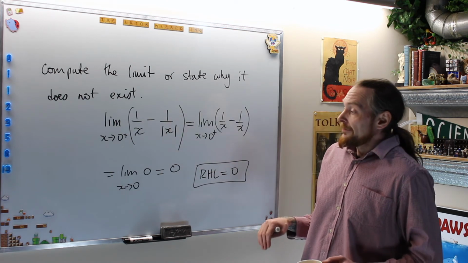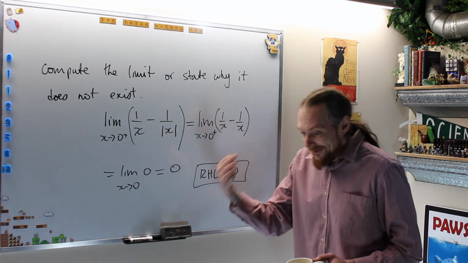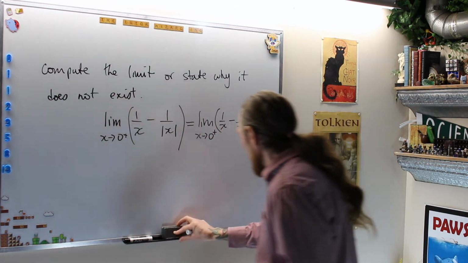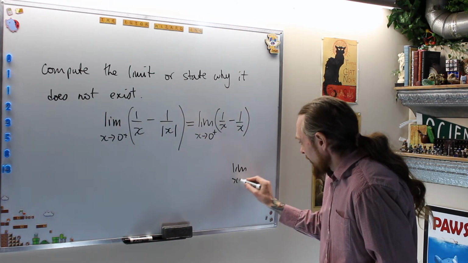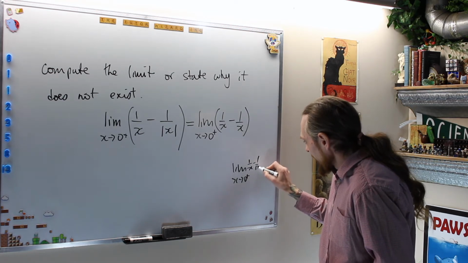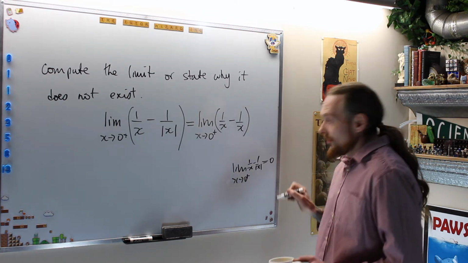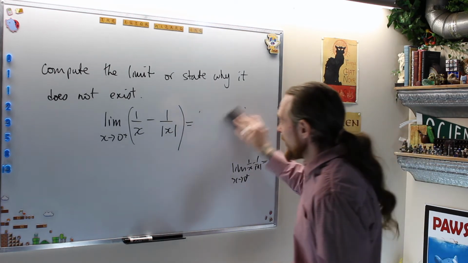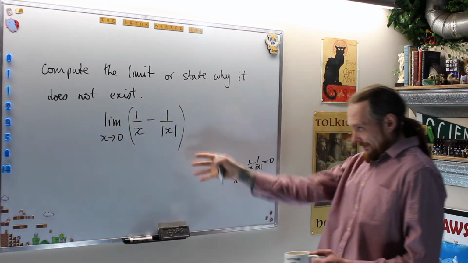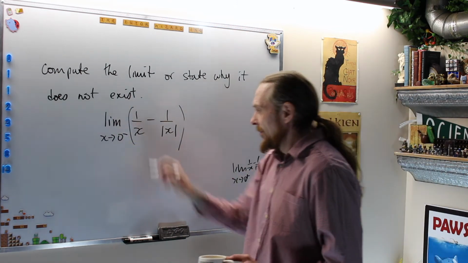So now I compute the left-hand limit. Let's just remember this: the limit as x approaches 0 from above of 1 over x minus 1 over absolute value of x was 0. Now let's approach from below.